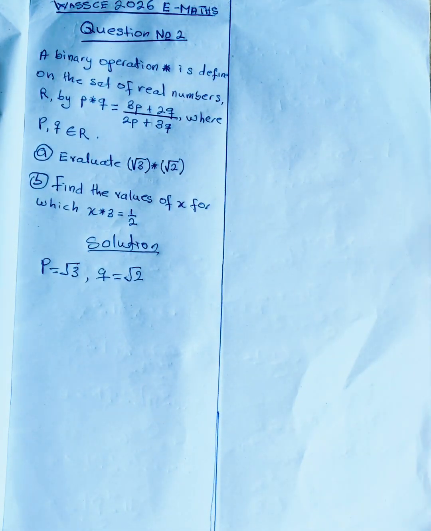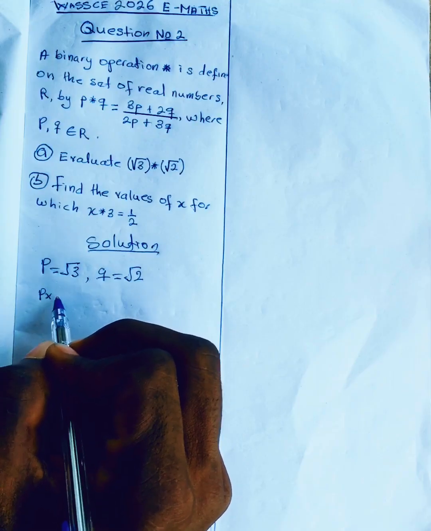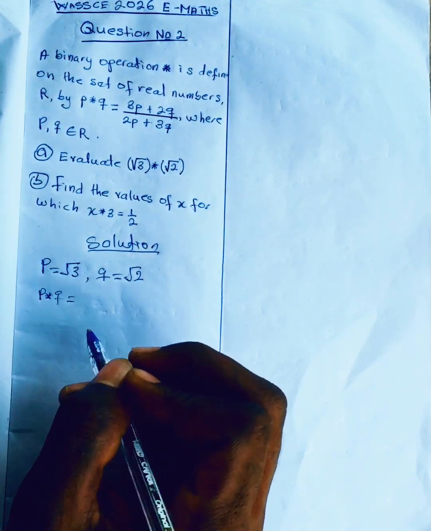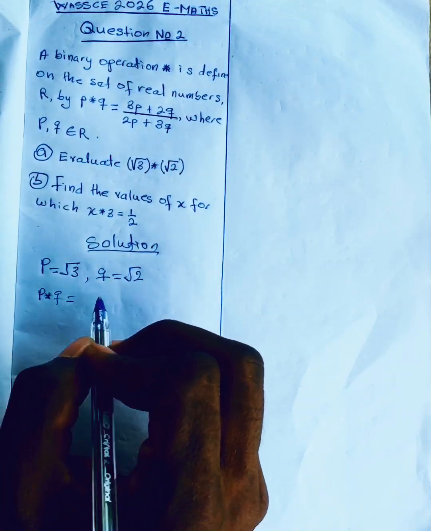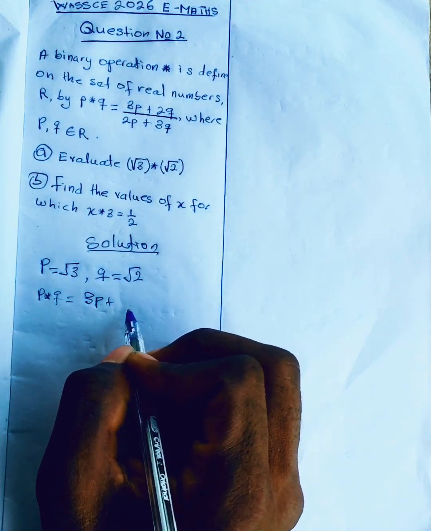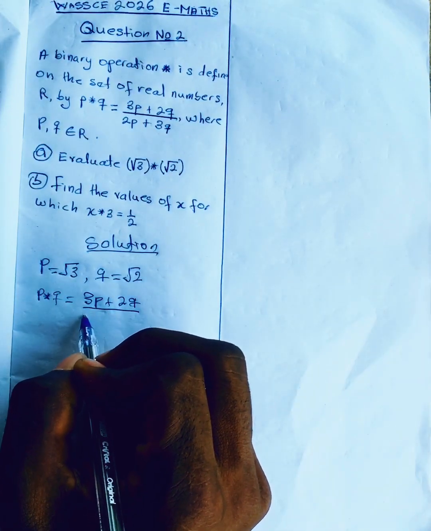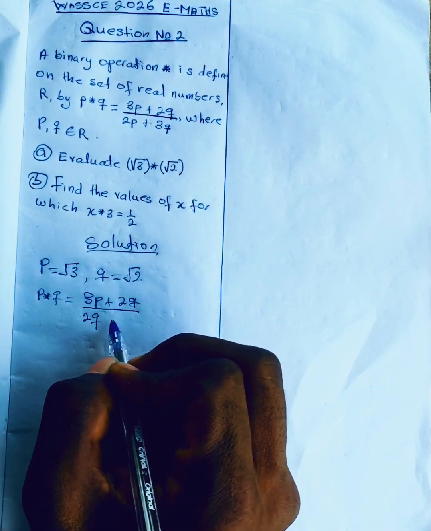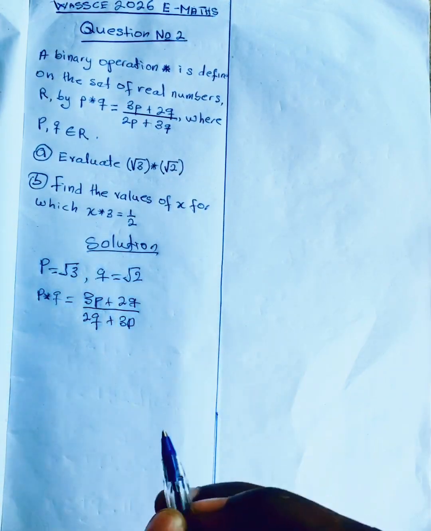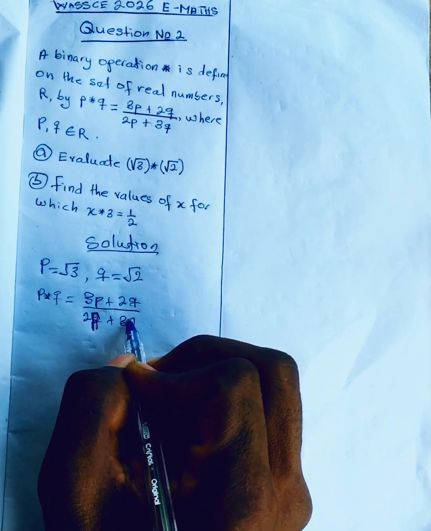Now, at this point, you can see that we have this expression which says that P star Q is equal to 3P plus 2Q, divided by 2P plus 3Q.